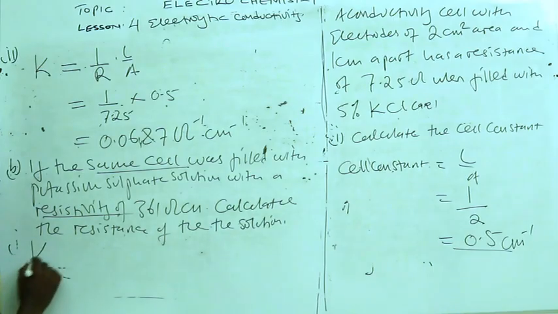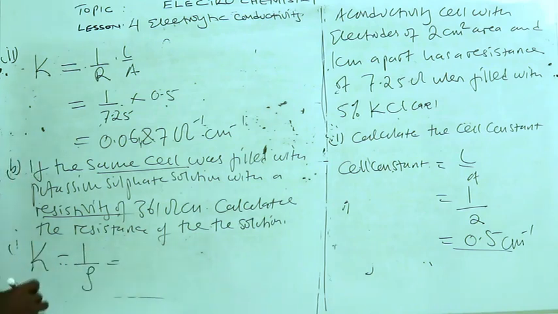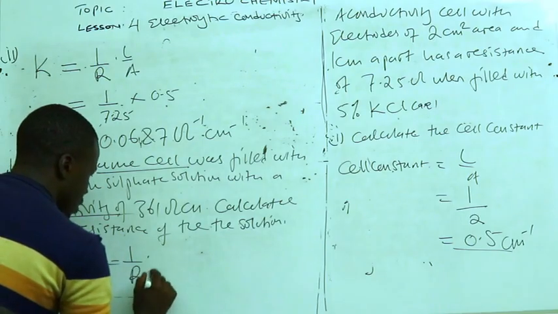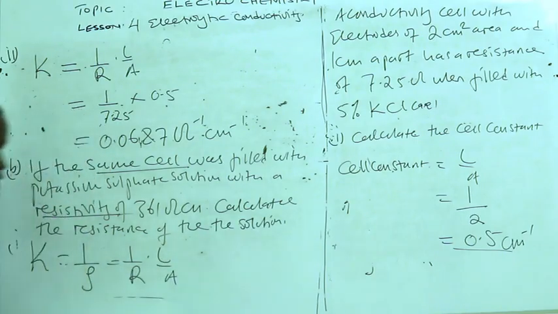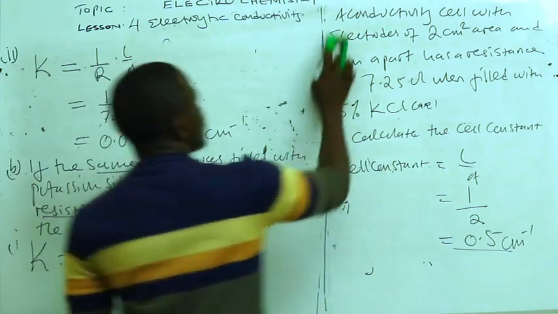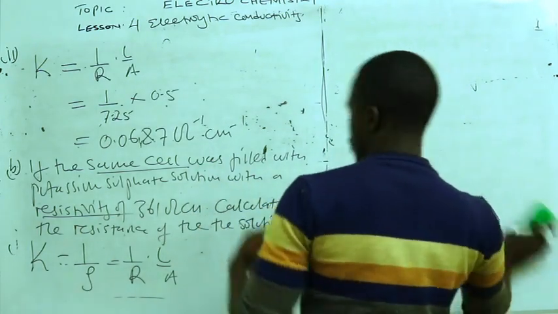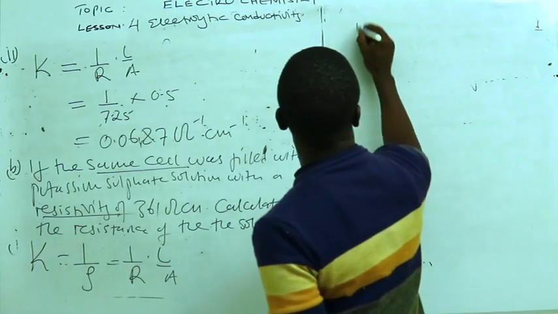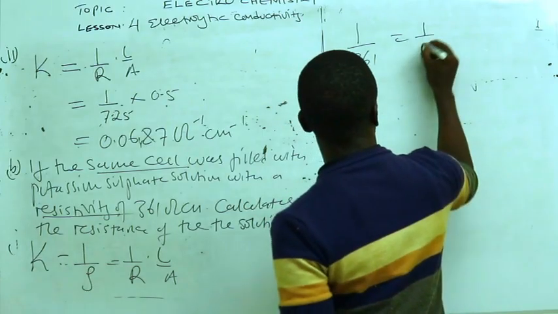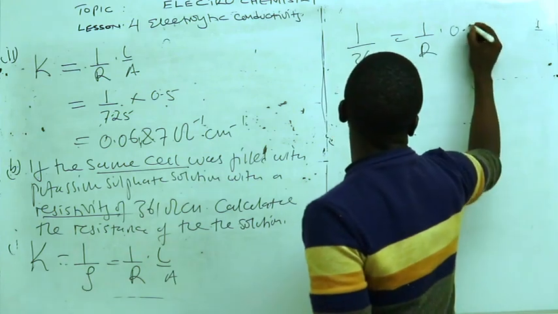So conductivity K is the reciprocal of resistivity and is equal to cell constant times conductance, 1 over R times L over A. So the unknown here is R. And so we can substitute easily and get the answer, since 1 over 361 should equal 1 over the unknown times the cell constant that we got earlier as 0.5.